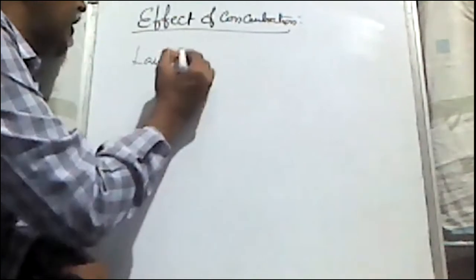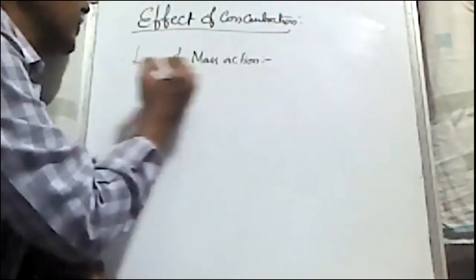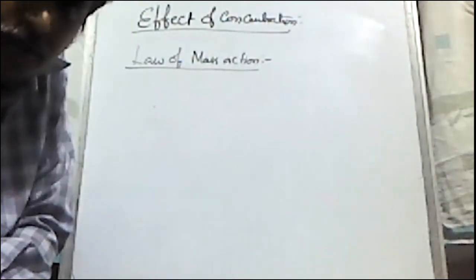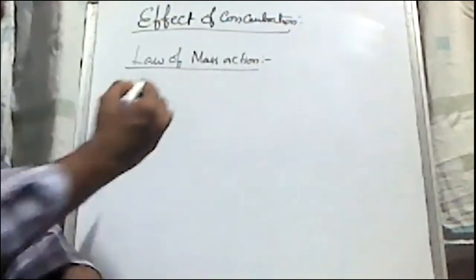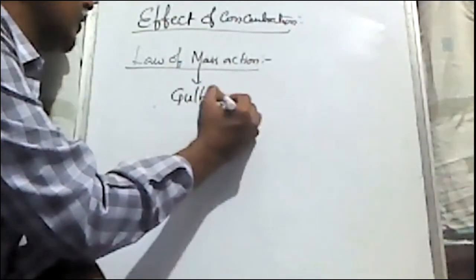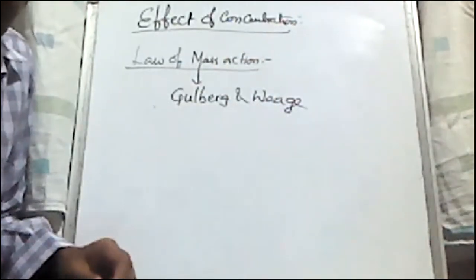Before going to the effect of concentration, we need to first learn what the law of mass action is. This law of mass action, which was discussed in our first year chemical equilibrium topic, was proposed by Guldberg and Waage.